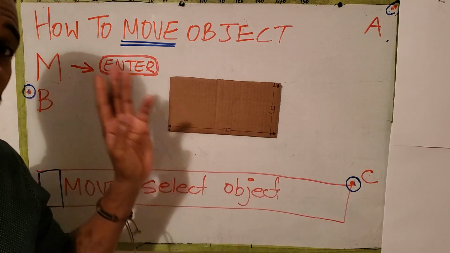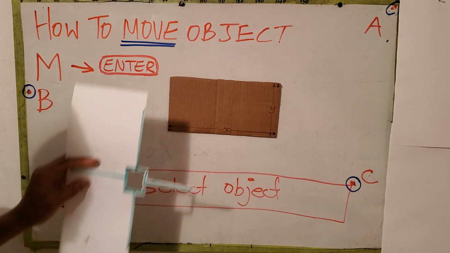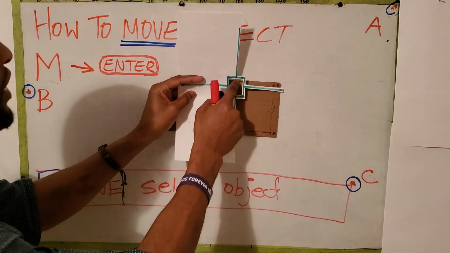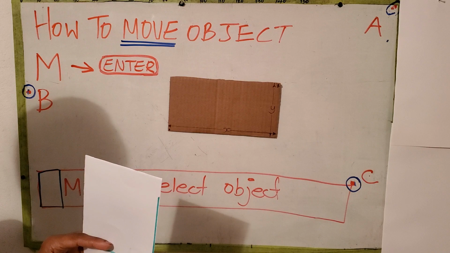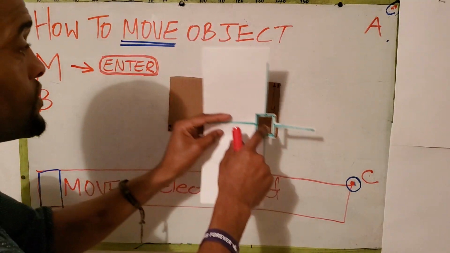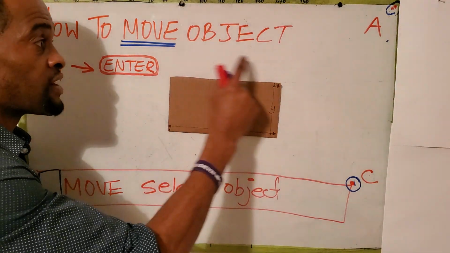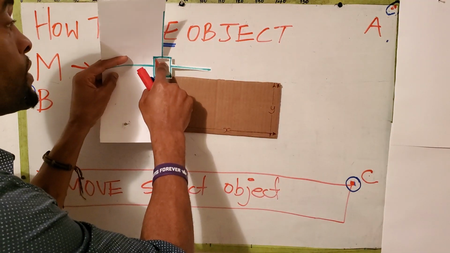In all the cases, you must select the object, all right? So I go up here and I left click on this object, or it could be a case where you need to left click here and drag, left click and bang. If you need to select the entire object, you might need to left click up here.